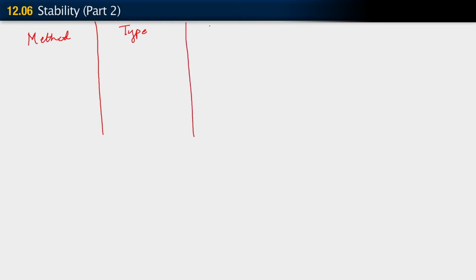I will list here beta, gamma. I will list here the critical frequency for stability for the undamped case. And finally, I will also write here the order of accuracy.